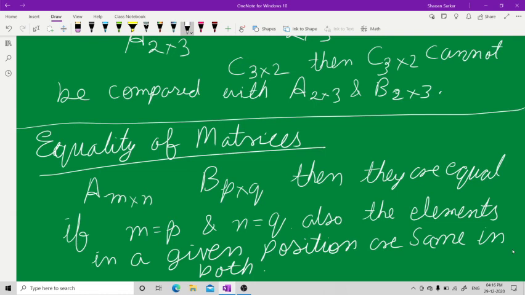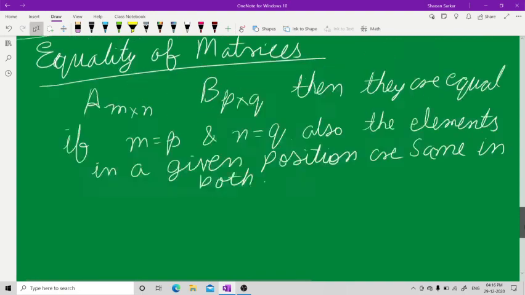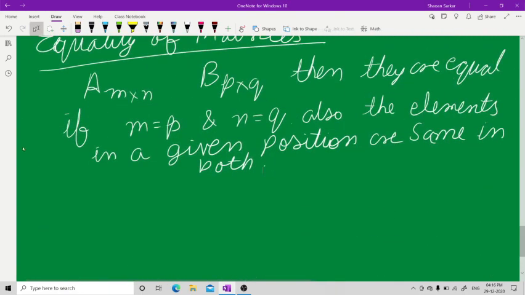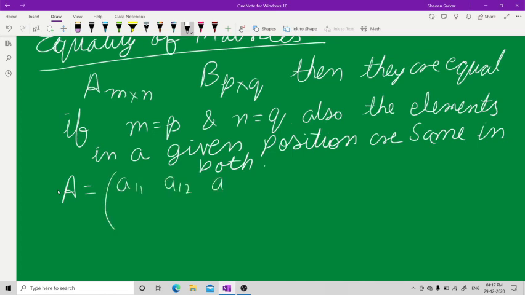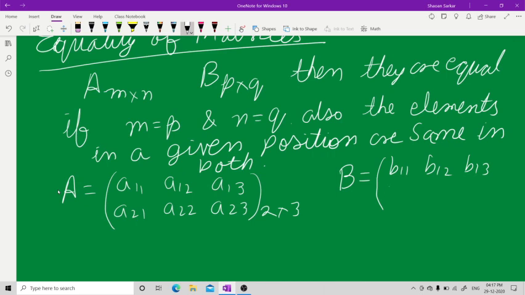Now, let us understand what I mean by this. A is a matrix A11, A12, A13, A21, A22, A23. Consider this a 2 cross 3 matrix. Then B must also be a 2 cross 3 matrix: B11, B12, B13, B21, B22, B23.